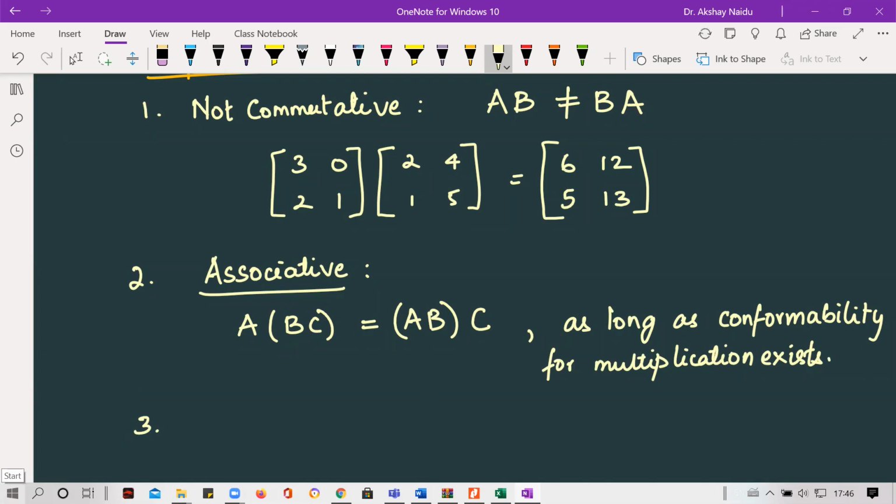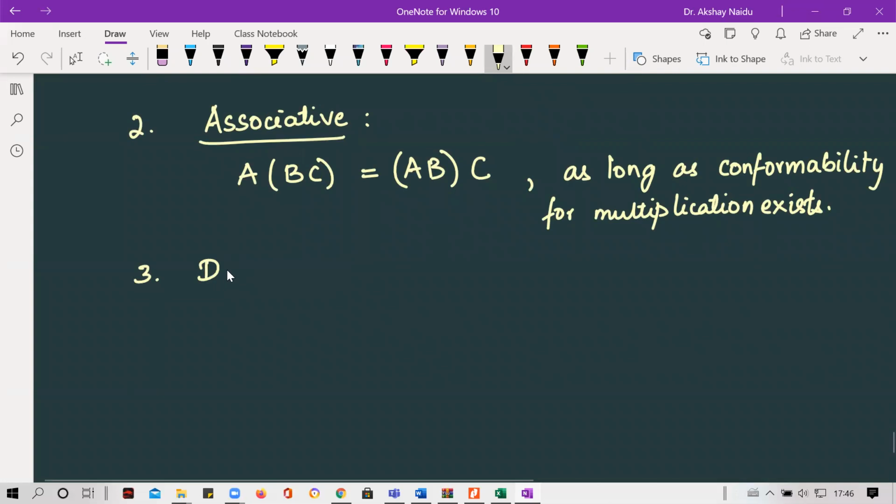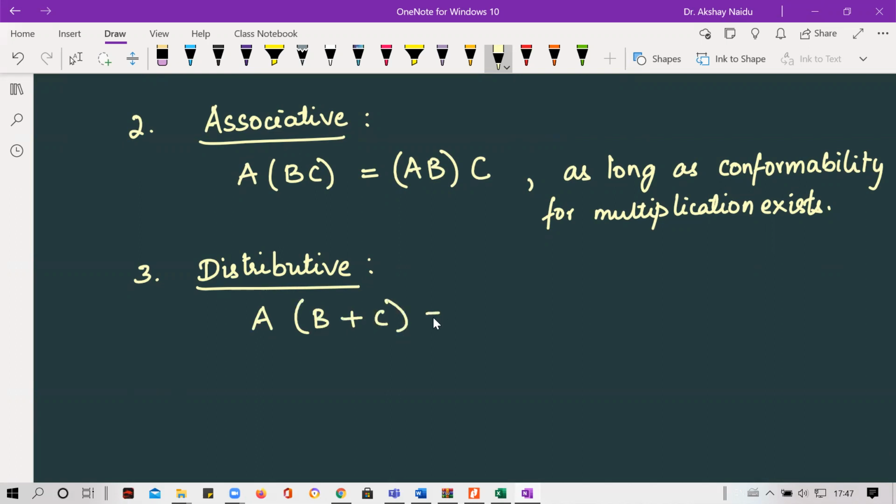Next. Now matrix multiplication is distributive over addition. So A multiplied by B plus C is AB plus AC.